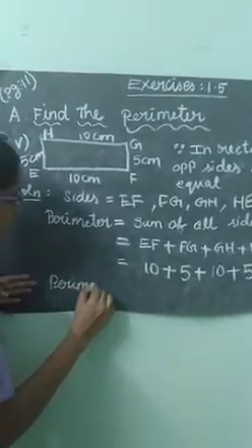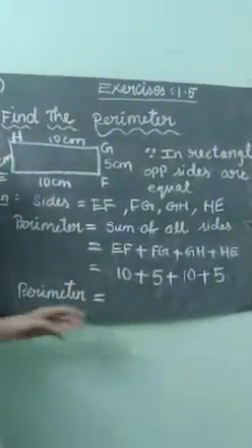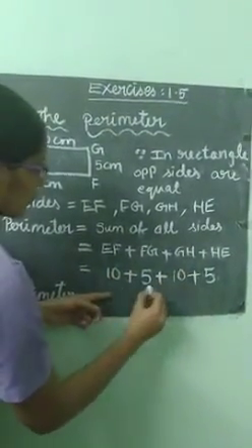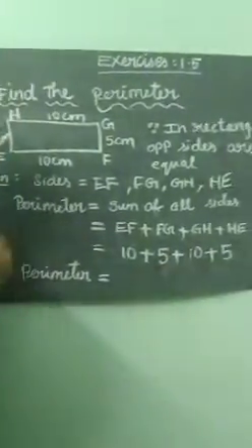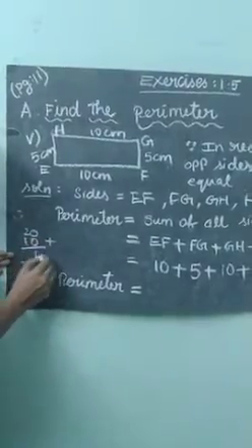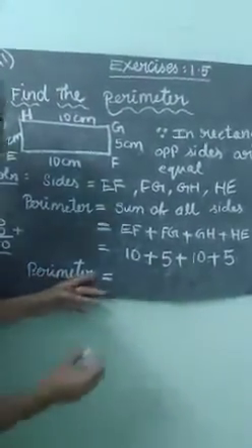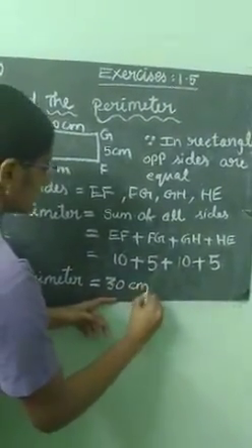Perimeter equal to, do the addition. 10 plus 10, 20, 5 plus 5, 10. Now do the addition. 0 plus 0, 0, 2 plus 1, 3. What is the answer? 30 centimeter.